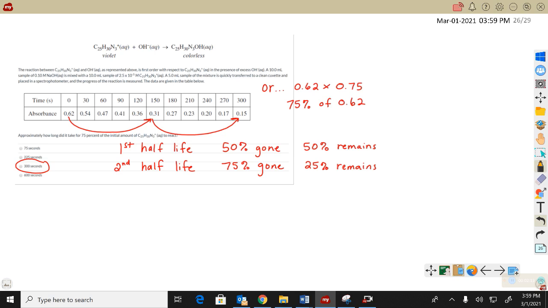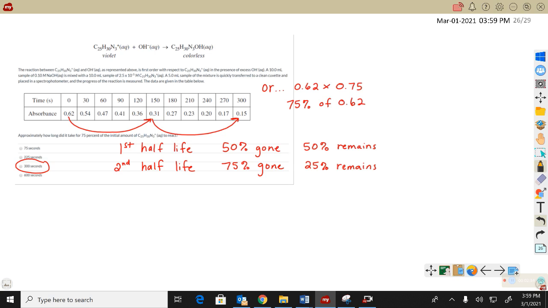Okay, well, you've got a couple options. One option would just say, okay, well, at time 0, the absorbance was 0.62. So that would have just been the initial solution. The absorbance would have been directly related to the initial concentration.